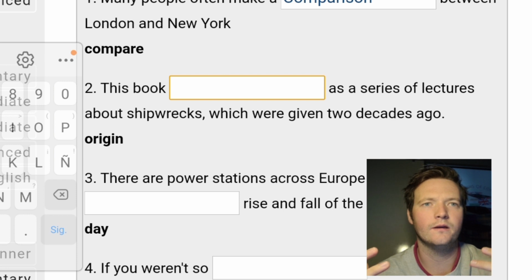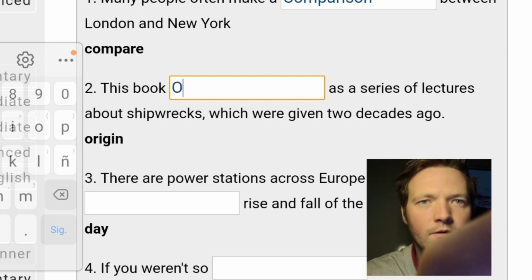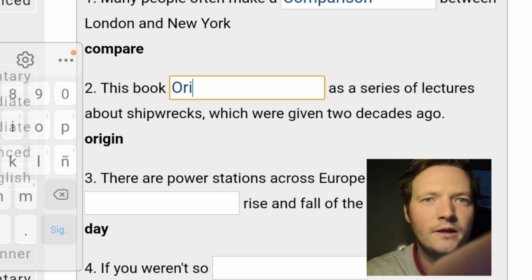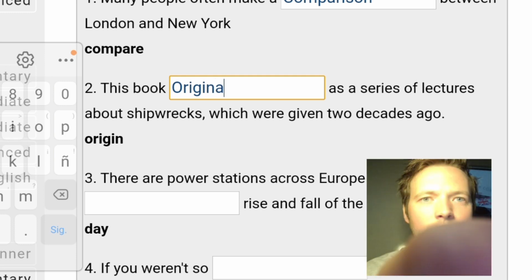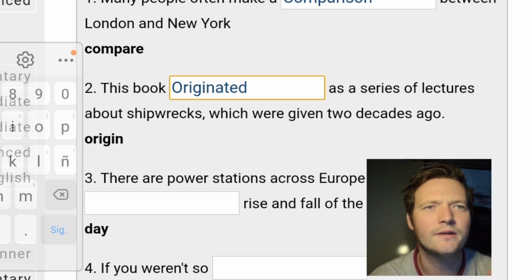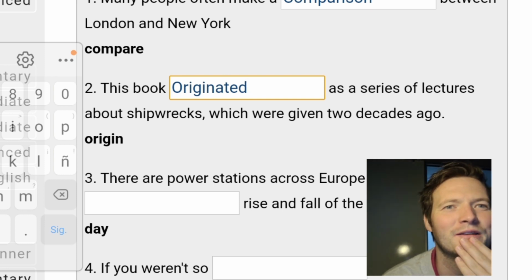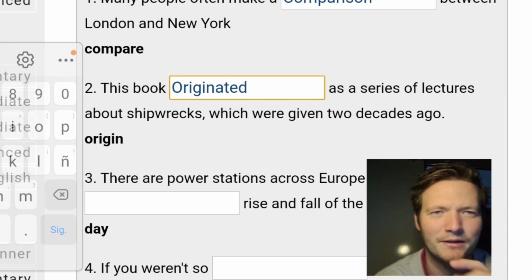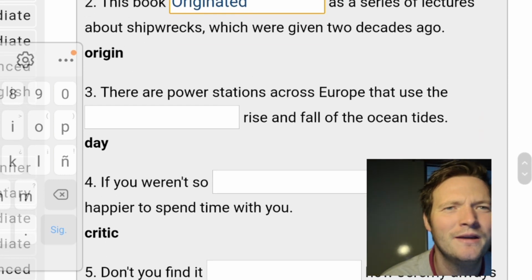No, so it originated. Originated. Is that right? It originated as a series of lectures about shipwrecks, which were given 2 decades ago. Yes, I don't know why I'm doubting that one.